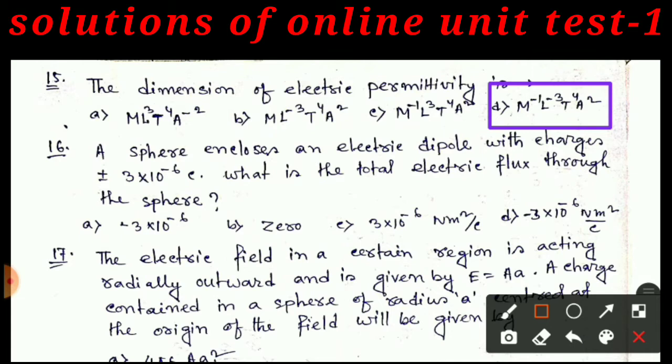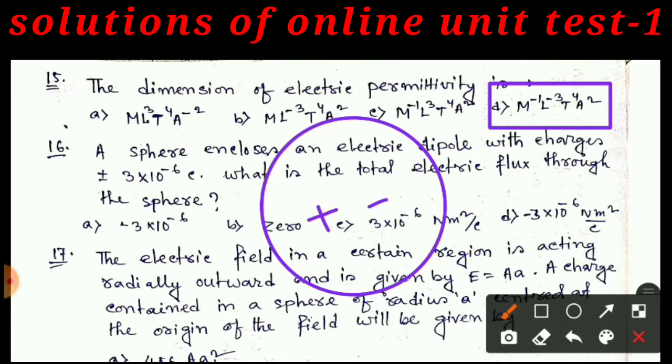Question number 16: a sphere encloses an electric dipole with charges plus minus 3 into 10 to the power minus 6 coulomb. What is the total electric flux through the sphere? So dear student, when inside a sphere two charges are present, same and opposite in nature, then the total net charge q net is equal to 0.